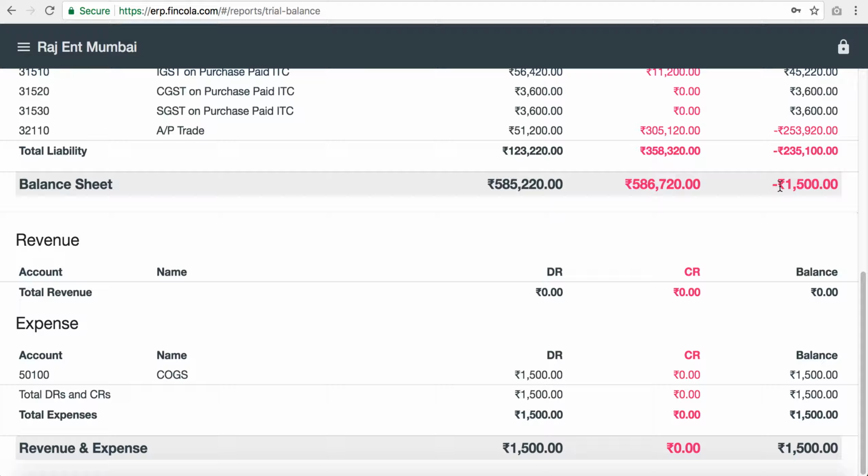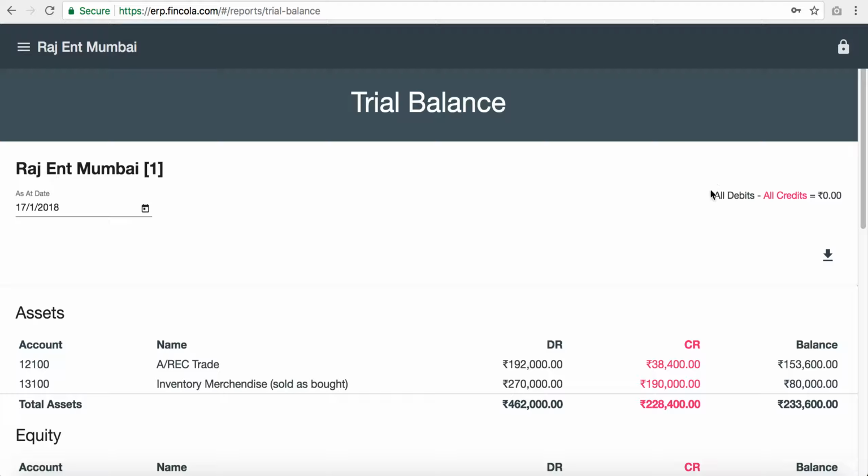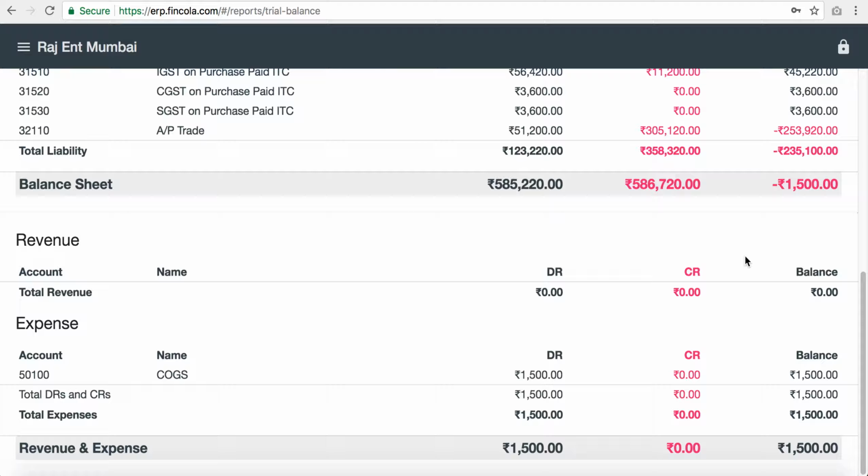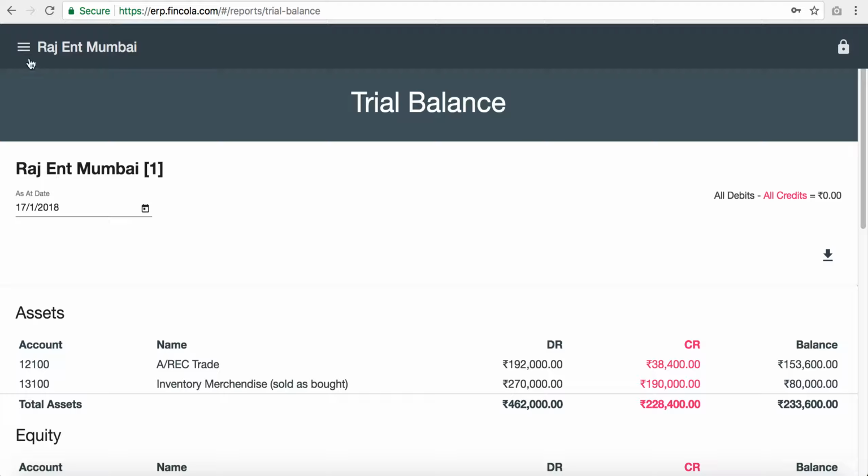You can see that the balance sheet and revenue and expense net to 0, and the same is displayed here: all debits and all credits net to 0, which means our accounts are behaving as expected.